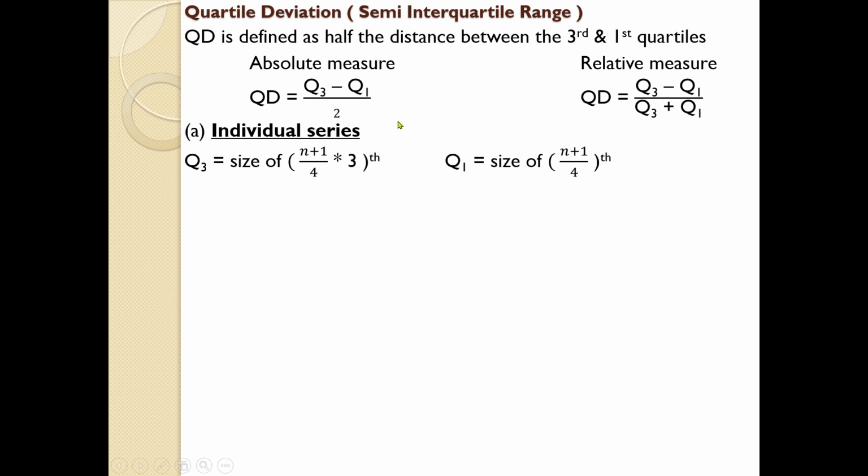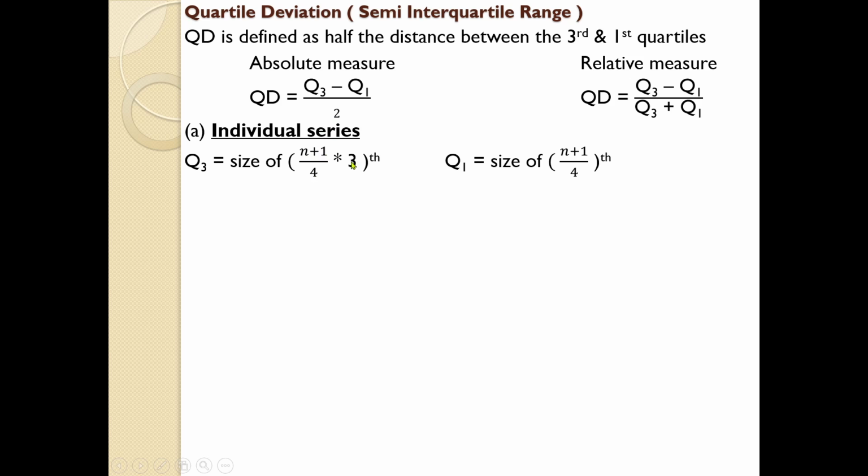In case of an individual series, just like the methods which we discussed earlier, the equation for finding q1 and q3 is: q3 is (n plus 1) by 4 into 3. Since it is an individual series, here n is small n.